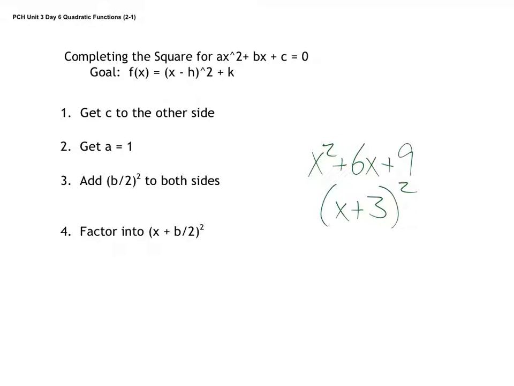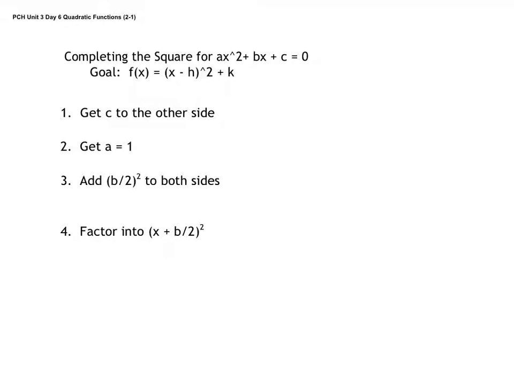So what we're trying to do is take whatever we're given and get it into a form that will factor into a binomial square. That's why it's called completing the square. Sometimes students will work through this and never really understand why it's even called that. Don't forget what our goal is, and that is to get something that's a binomial squared.